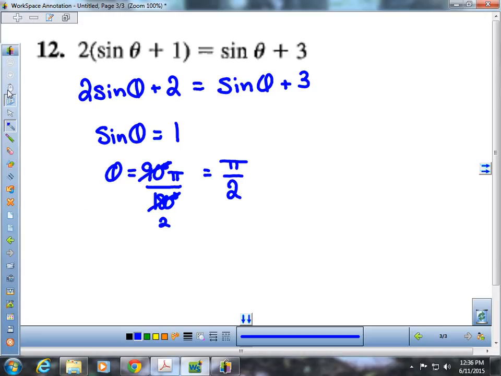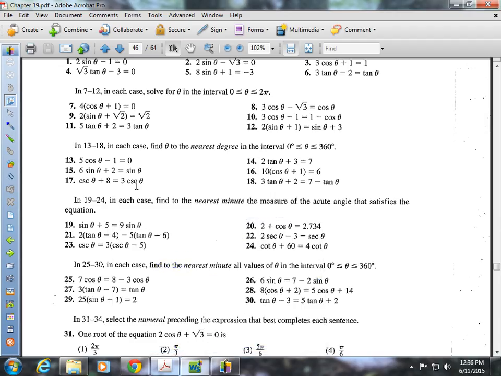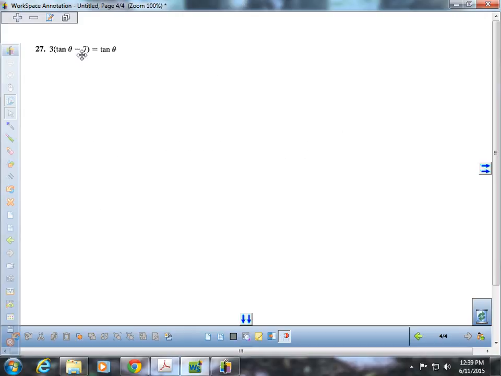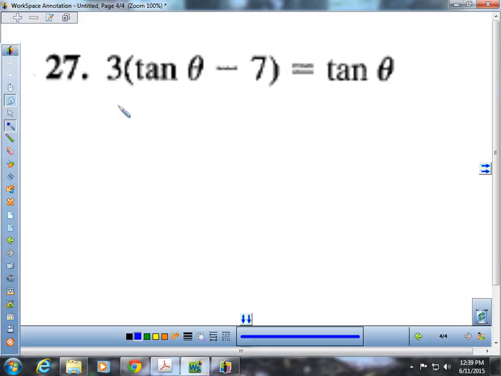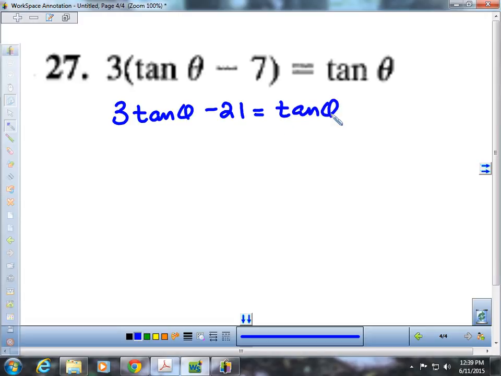27? 27 to the nearest minute. All values of theta to the nearest minutes. And again, what do we have to do with the parentheses in 27? And what will you get when you distribute? 3 tangent theta minus 21 equals tangent theta. Okay, so what are you going to do?